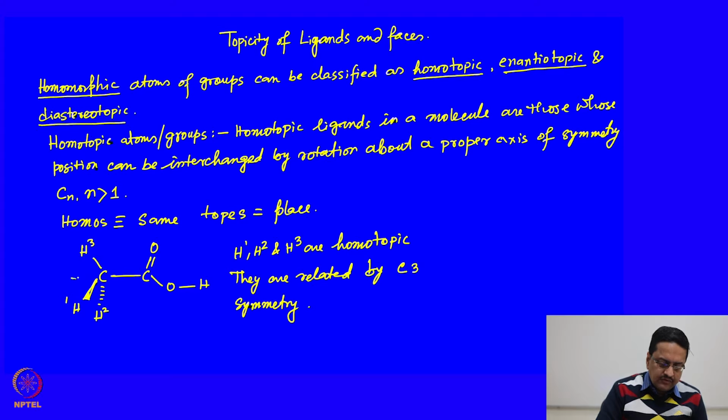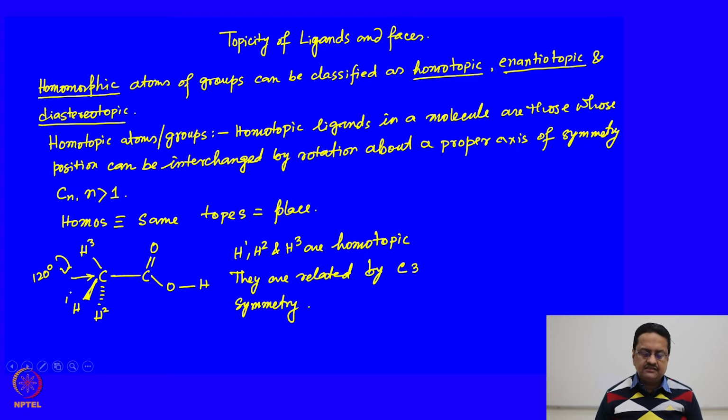By a 120-degree rotation about this axis, H1, H2 and H3 can interchange their places without any change in the molecule. Therefore, these three hydrogen atoms can be termed homotopic hydrogen atoms.